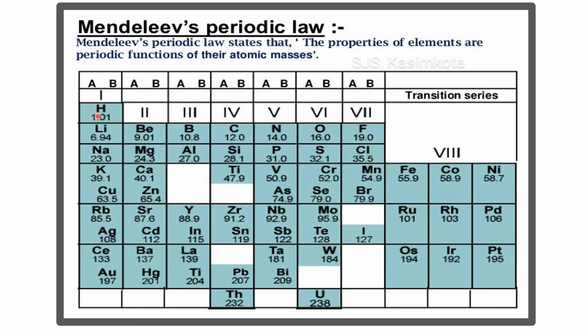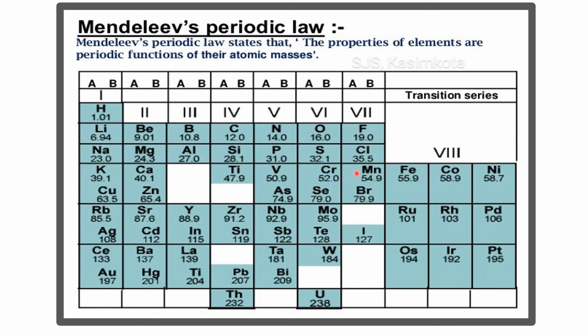This is the first group, then second group, third group, fourth group, and so on. Here you can see that the groups from 1 to 7 are divided into two subgroups as A and B, and the eighth group has 3 vertical columns and all of them come under the eighth group.